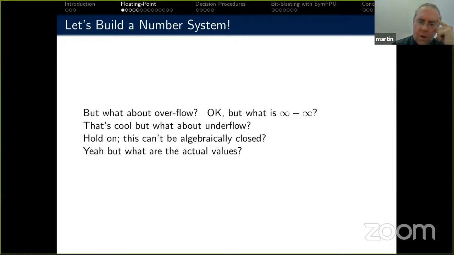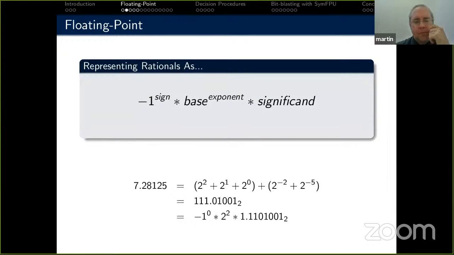So, okay, what are the actual values going to be? Floating point. IEEE 754 represents floating point numbers with three big things.